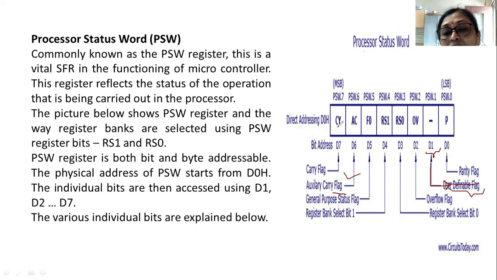Now let us start with the function of each bit or flag. The CY flag is called the carry flag. Whenever an operation generates a carry, this flag is set to 1, otherwise it is 0.